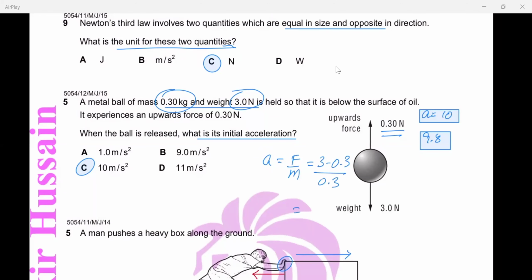So that will make it 2.7, no? I did 0.30. Why? 3 minus 0.3 will make it 2.7, no? Getting my point? Okay, got it. All right.